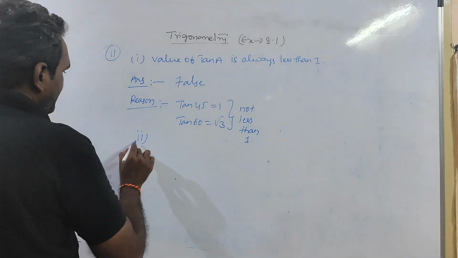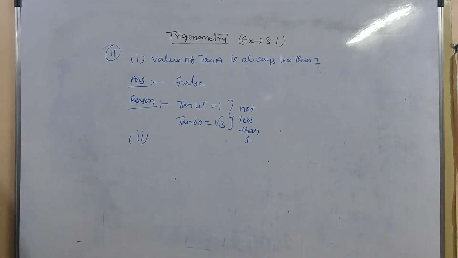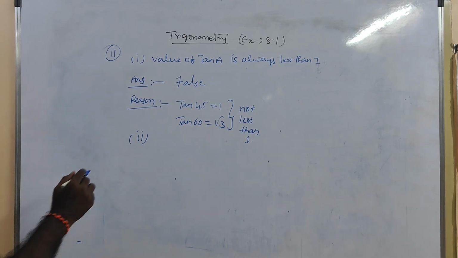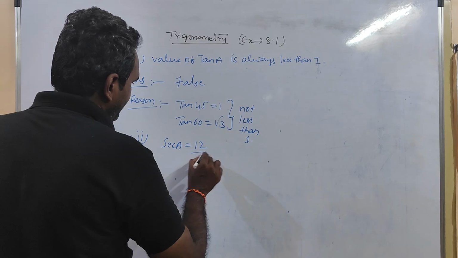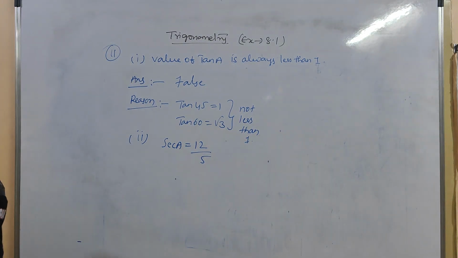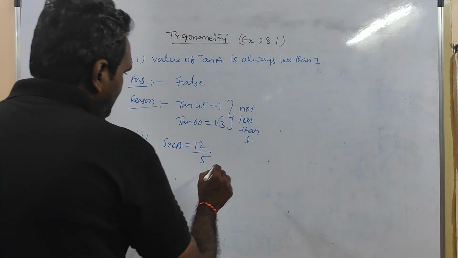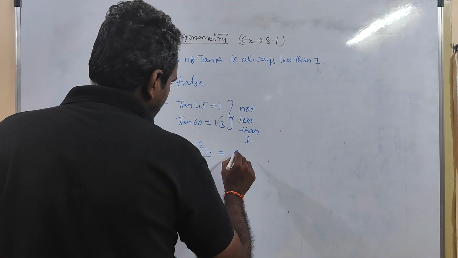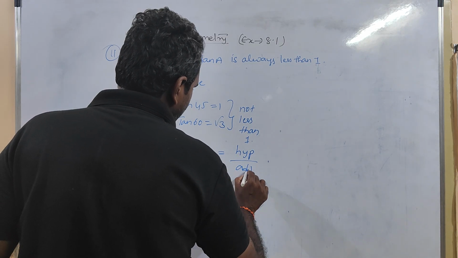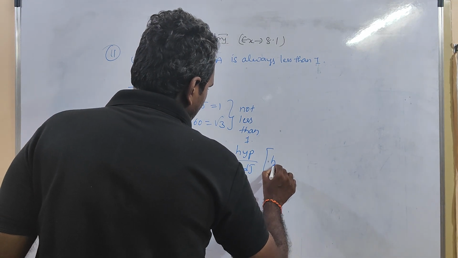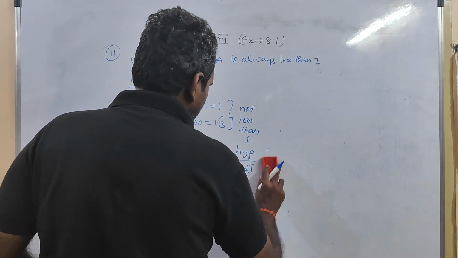And regarding second one, secant A is 12 by 5 for some values of angle A. Whether it is true or false, they are asking. Tell me what is definition for secant. Definition for secant is hypotenuse by adjacent.